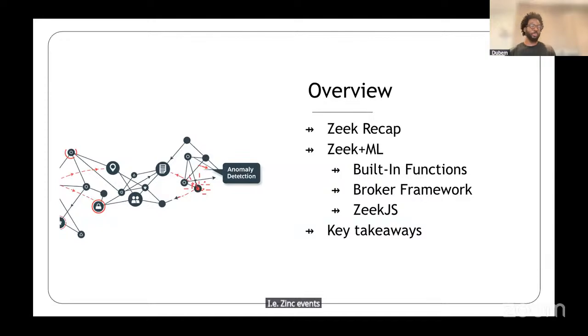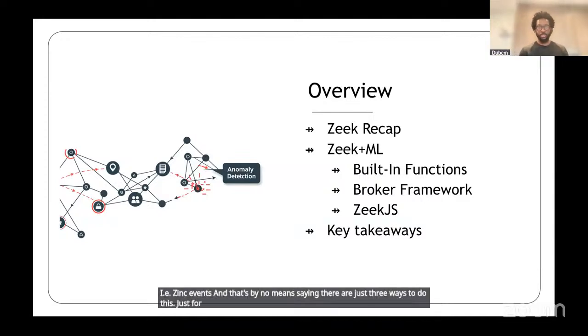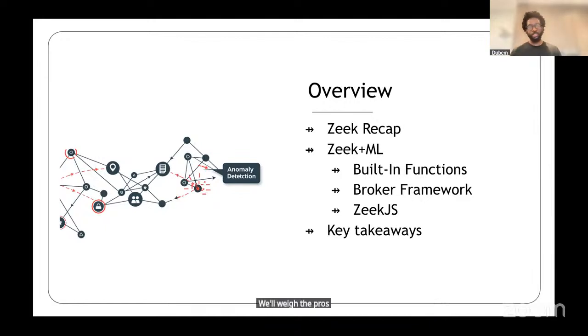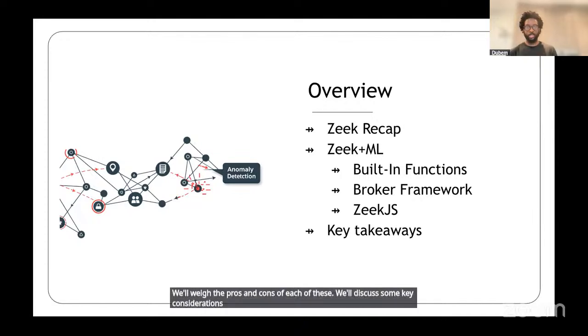And that's by no means saying there are just three ways to do this. Just for the sake of time, I'm just going to limit it to three. We'll weigh the pros and cons of each of these. We'll discuss some key considerations and takeaways. And then, of course, we'll have time for questions. But at any point, please feel free to leave questions in the Q&A section. And with that, let's get started.